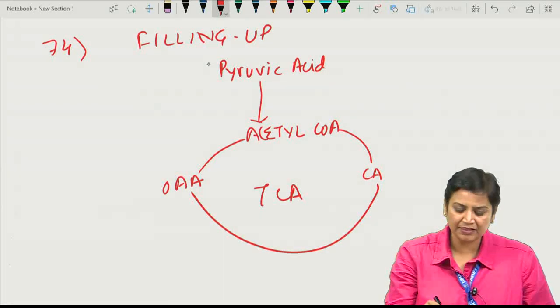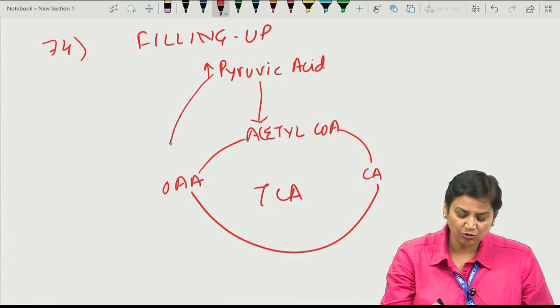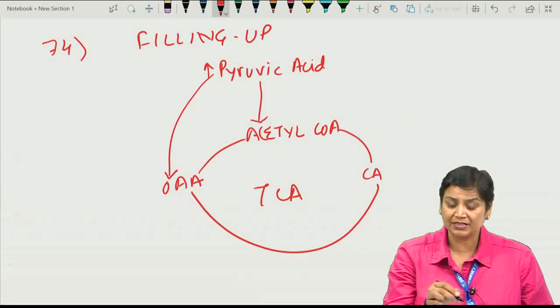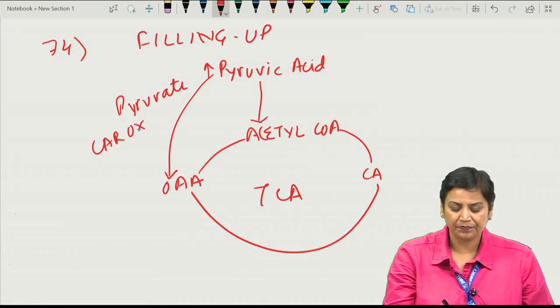Anaplerotic means if there is a sudden influx of glucose, there will be an increase in the concentration of pyruvic acid. Some of the pyruvic acid will be converted to oxaloacetic acid in the presence of the enzyme pyruvate carboxylase. Biotin is the coenzyme.